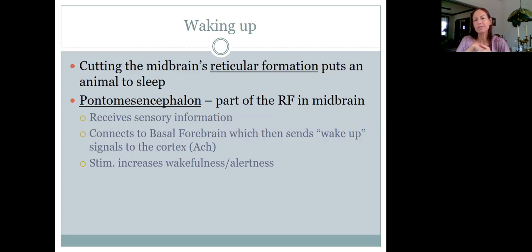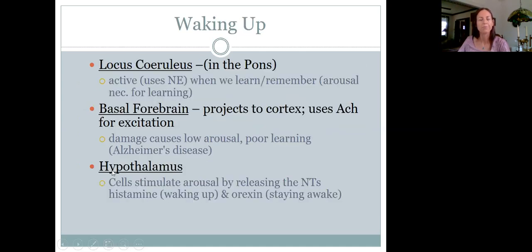So what happens is that these wake-up signals are not coming to the basal forebrain. The basal forebrain, the bottom of the forebrain, is what's really going to wake up the rest of the brain. And it's going to do that using acetylcholine. We'll see that a little bit later. Stimulation of the pontomesencephalon will also stimulate the cortex through the basal forebrain.